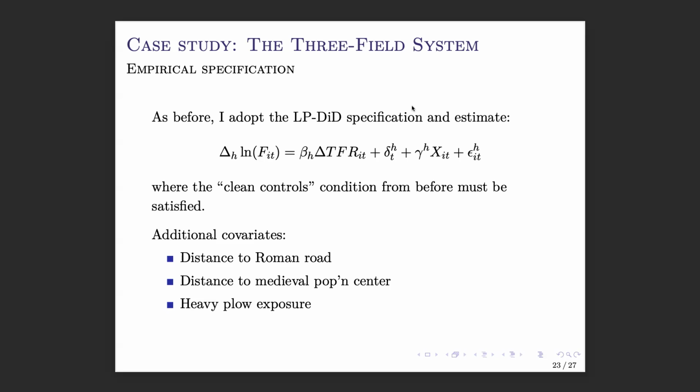So I reconstruct their measure and use it as a control to make sure that what I'm showing you in the next slide is not just a heavy plow effect, which mechanically is probably more likely to result in reductions in forest cover because heavy plow allows you to till land that you were not able to previously.